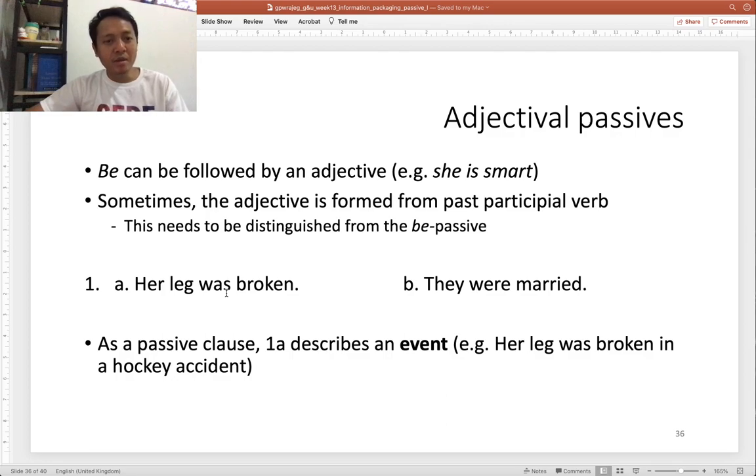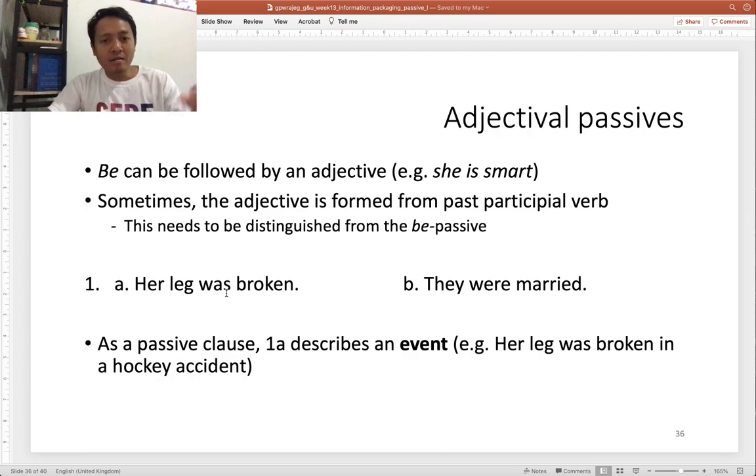This is the last type, adjectival passives. We know that be can be followed by an adjective as its complement, such as she is smart, she is beautiful, he is handsome. But sometimes the adjective following be can be in the form of a past participle verb. So now you ask a question like, how can we differentiate between adjectival passives and the true be passive?